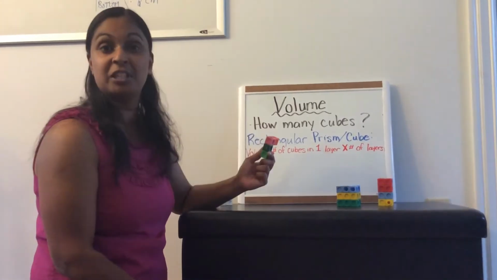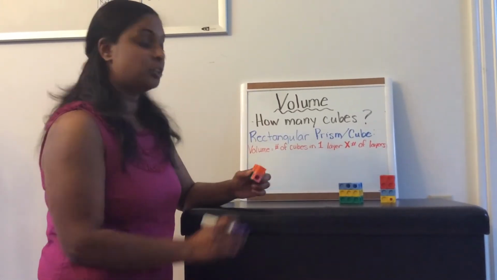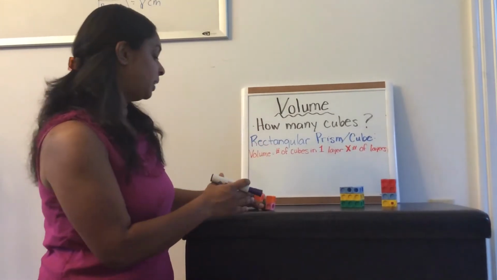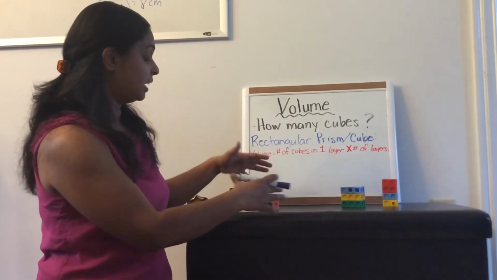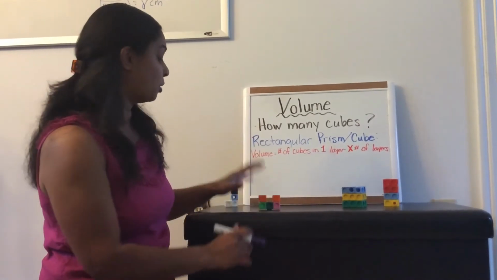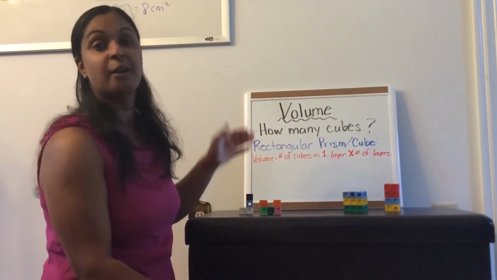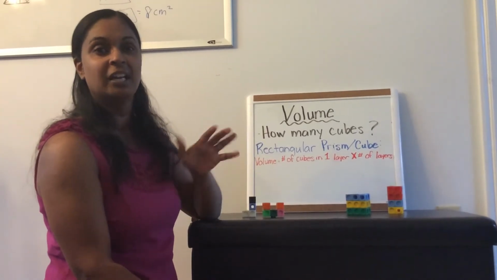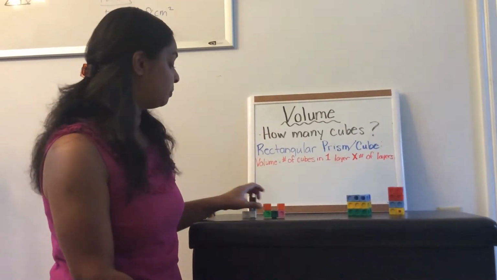So the volume of this one is 5 cubes. You'll be seeing some irregular structures like this that don't really have any distinct shape. They just have cubes that are put together in different designs and form different types of structures. For these ones, you'll just be counting cubes to see how much the volume is.